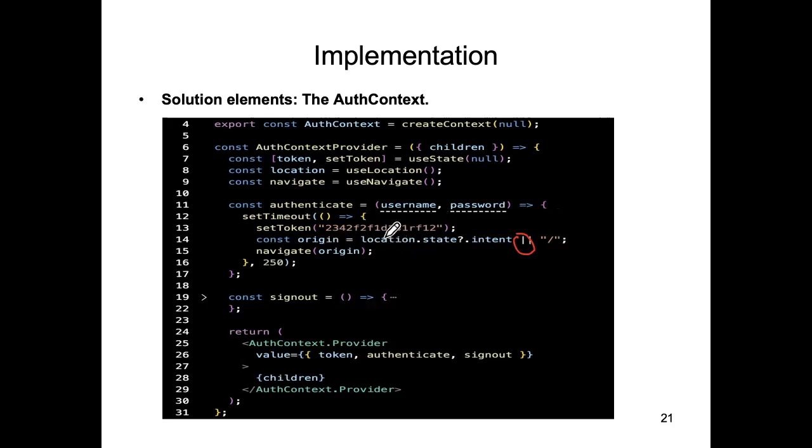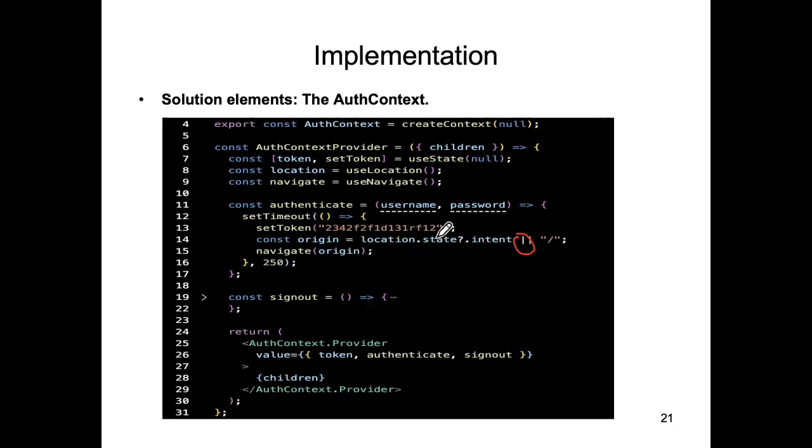Now, for now, just take it from me that this expression here is going to evaluate to the URL that the user was trying to access before they were forced to log in. So, for example, that might be /inbox or /profile. That's what this expression is going to evaluate to.